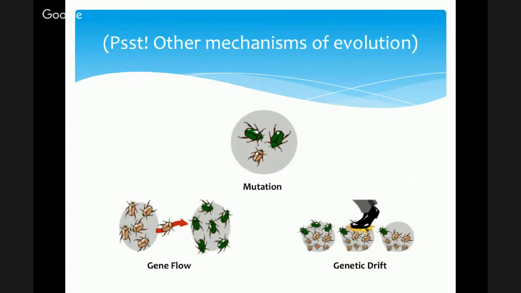But mutation itself can be a mechanism of evolution. Gene flow, which is what happens with migration, is a mechanism of evolution. And genetic drift, in which you get a non-random sample because of some random event, is also a mechanism of evolution. And all of these mechanisms play off each other and result in the diversity of life and the patterns that we see in nature.